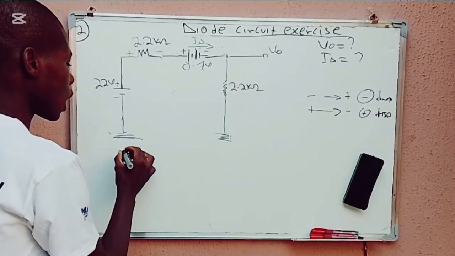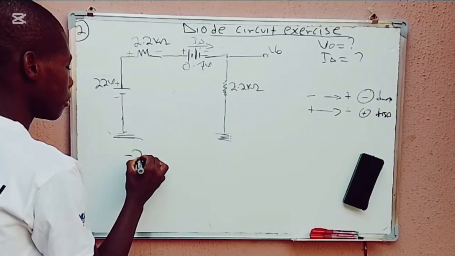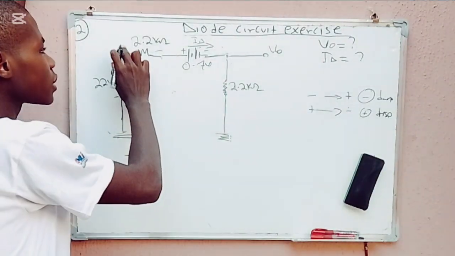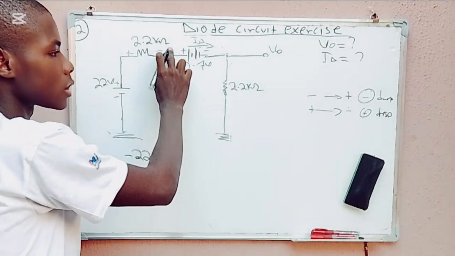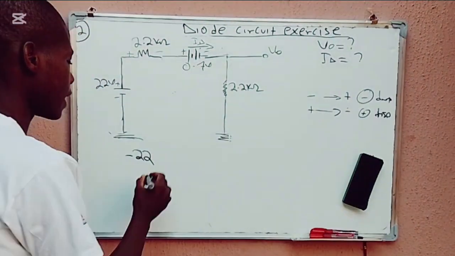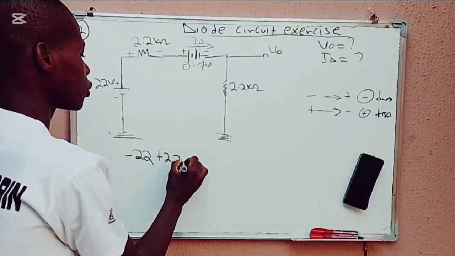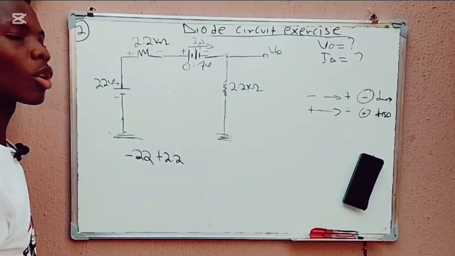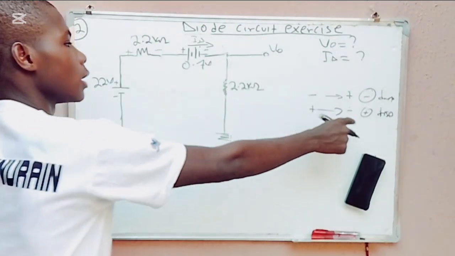Negative to positive, it should now drop: minus 22 volts. Positive to negative, it should now rise: plus 2.2.